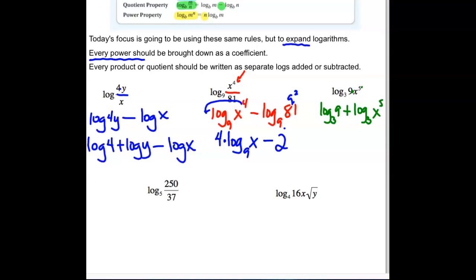And just like on the last one, I can simplify this because 9 is a power of 3. 3 to what power gets us a 9 would just be a 2. And then here I have this power of 5 that I'm going to move to the front, and it becomes 5 times the log base 3 of x.